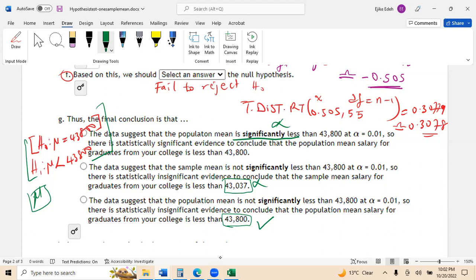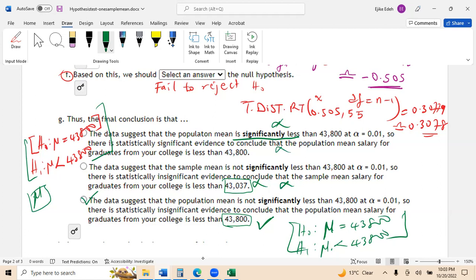So the correct answer here is this, because the hypothesis statement is made, H0 is saying mu, the population mean, is equal to 43,800, and H1 is saying that the population mean is less than 43,800. So the null hypothesis is stated in terms of the population. That makes the last answer more correct. So these first two are wrong.